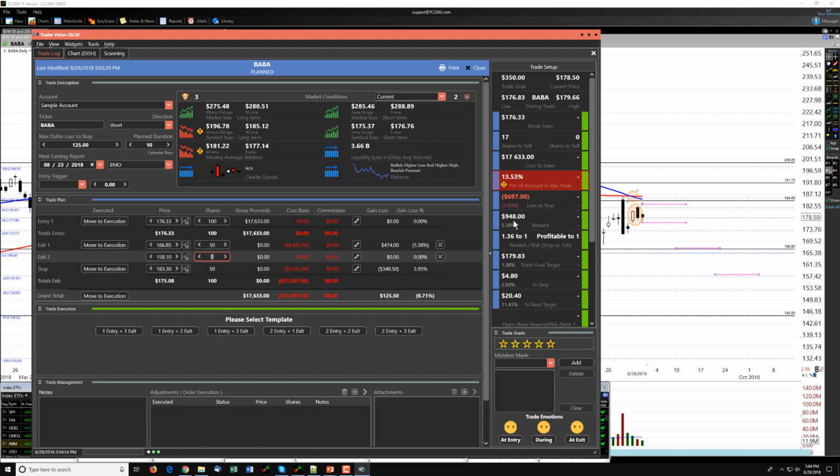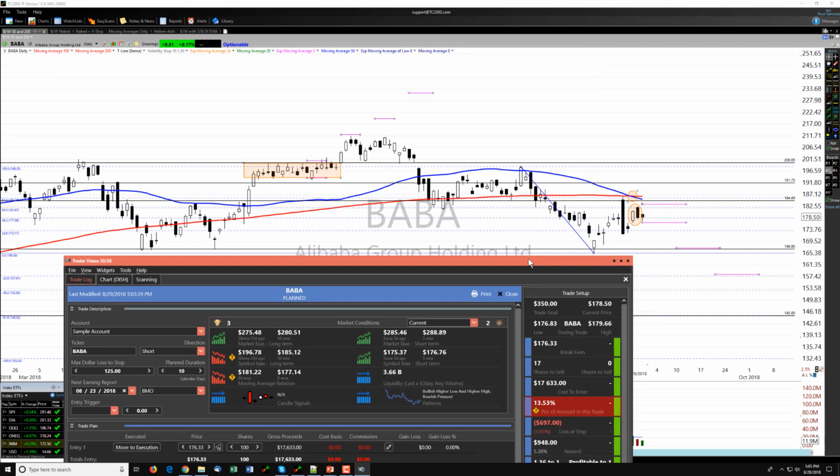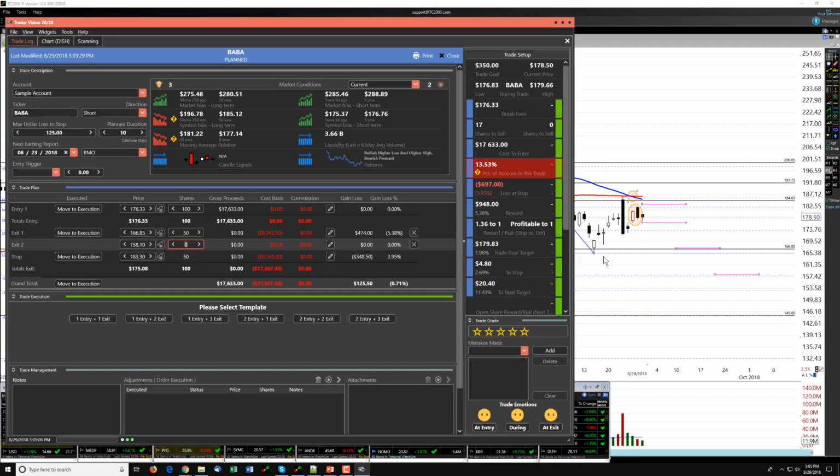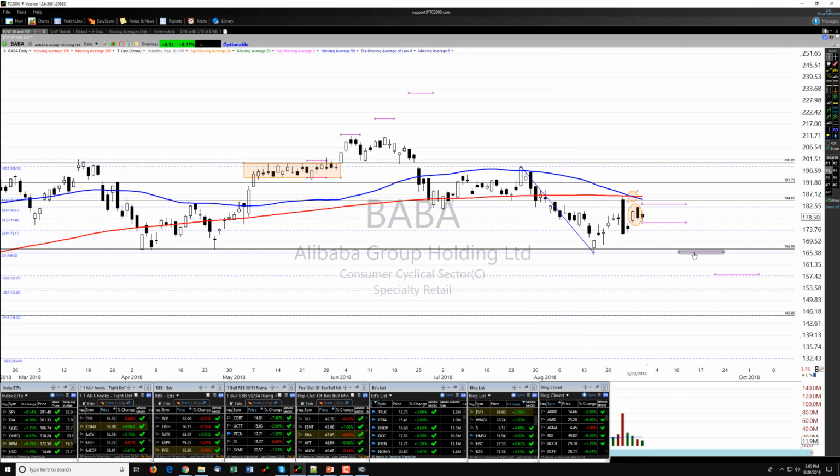So again, 1.36 to 1. To me, since that breakout is your first target, that does not probably make a lot of sense. Even if you were to say it's not the body that's going to be resistance, it's going to be down here, that's still not going to make that big of a difference.